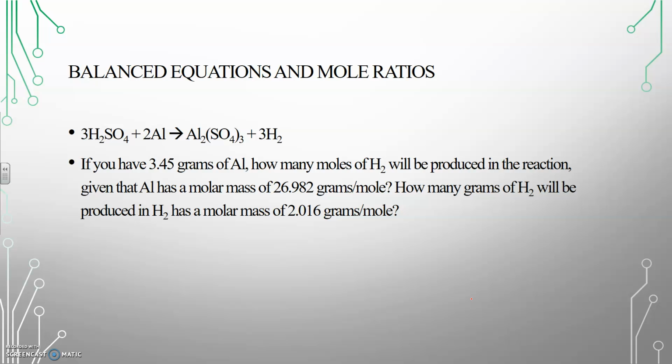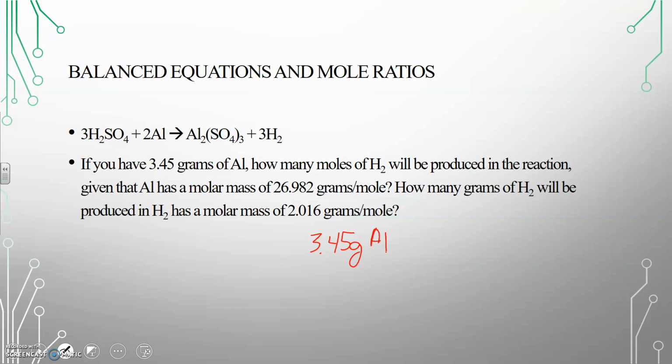So this is kind of what I was talking about, where you can start with grams and then go to moles and figure out the mole-to-mole ratio, right? So let's do our first question. We're trying to figure out the number of moles of H2 that will be produced in this reaction. So we start with our 3.45 grams of aluminum.